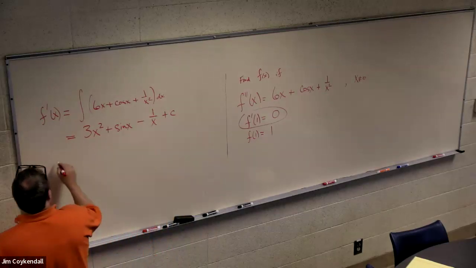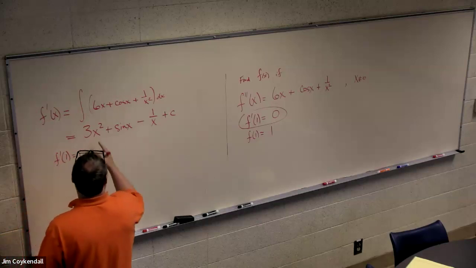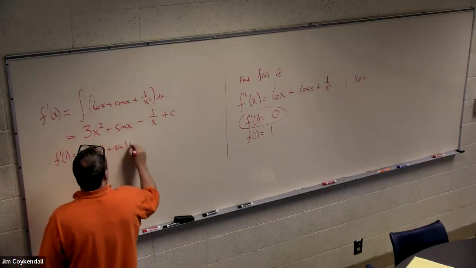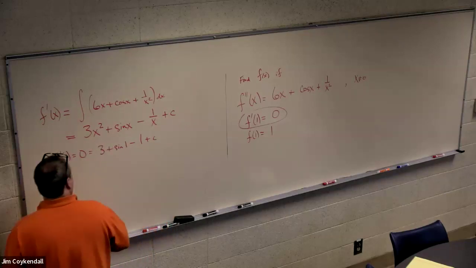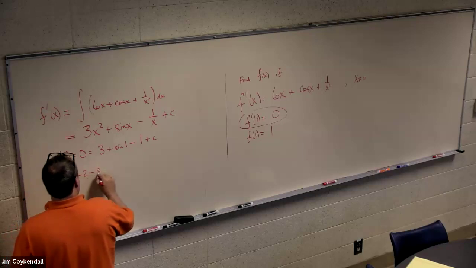So notice that f prime of 1 should be 0, and it also should be where I plug in 1 here. So it's 3 plus sine 1 minus 1. So C is minus 2 minus sine 1.